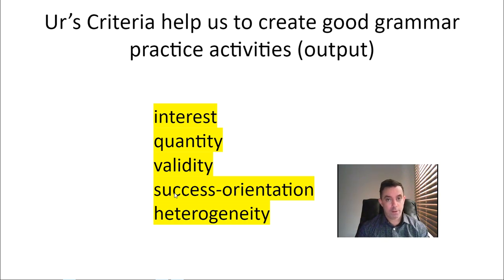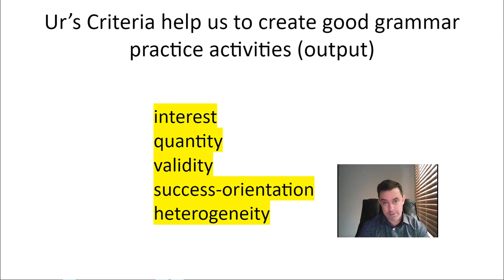Think O+1, right, from our SLA class about Swain. So you want to get them to the point where they're getting that new grammar right. It's not totally easy like something they already know, but it's a little bit higher, and they're getting it right because you want them to get it right.